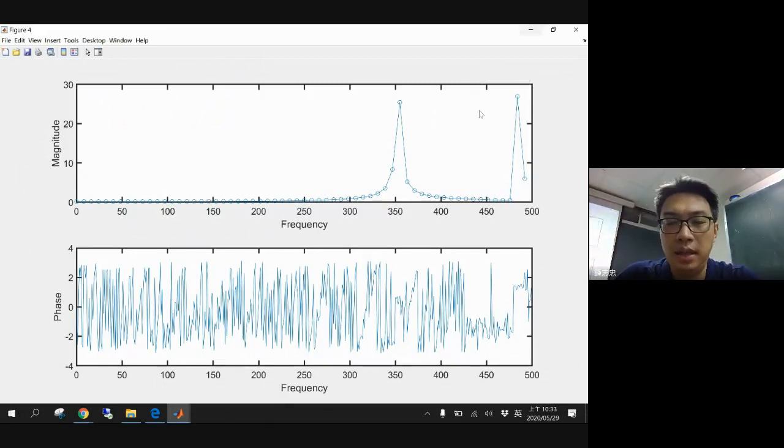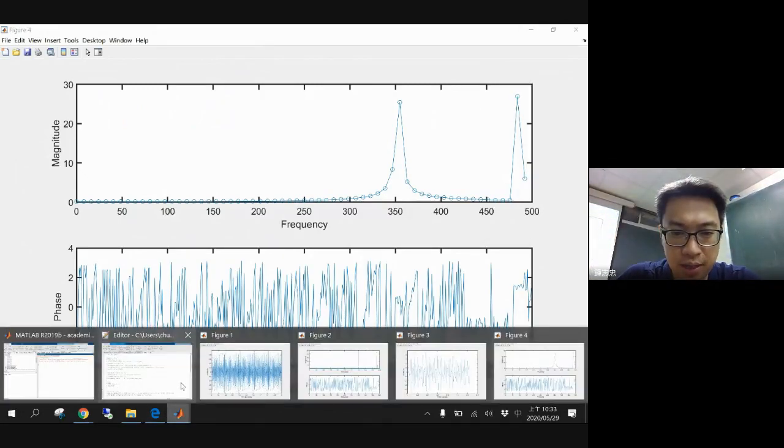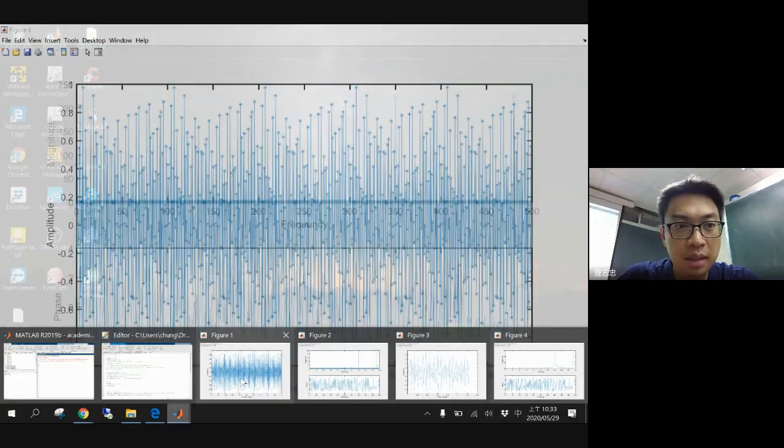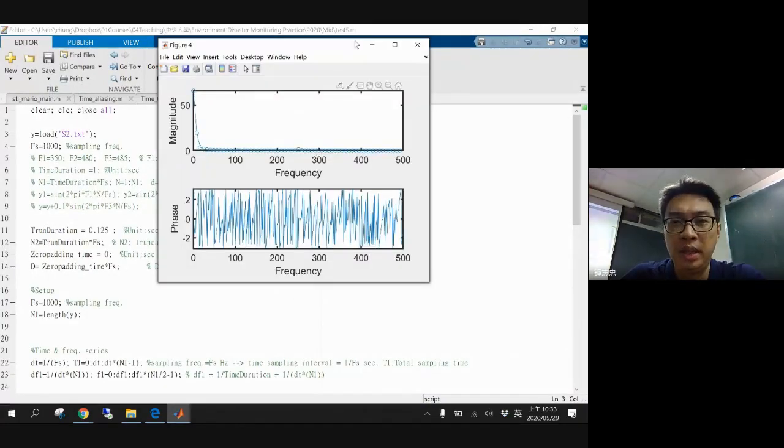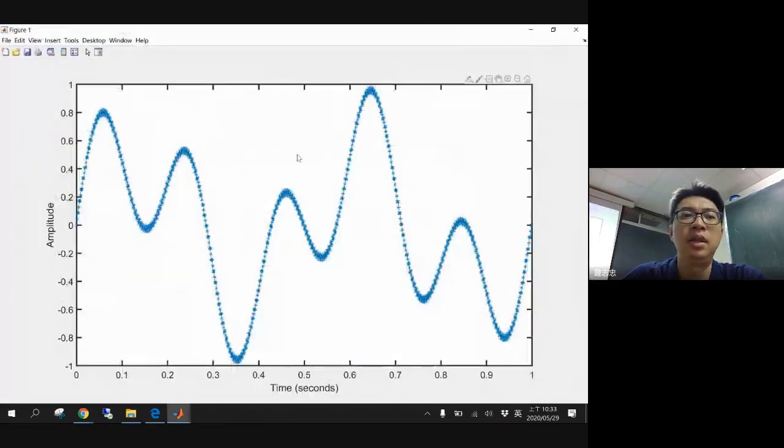Okay, let us find the second one, S2. The same, I just show it very quickly. This is the shape of S2.